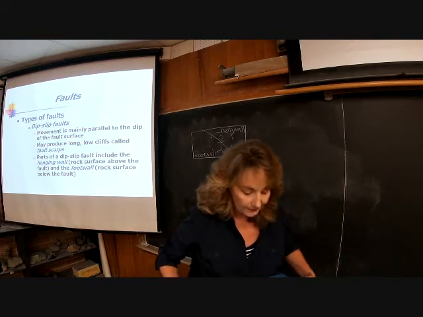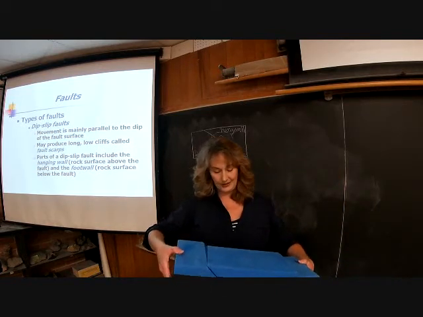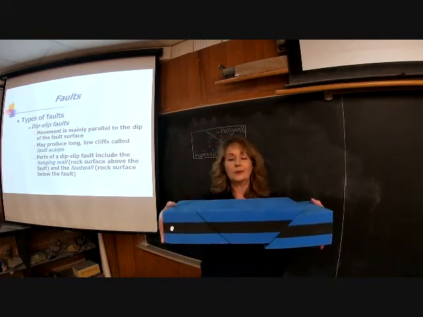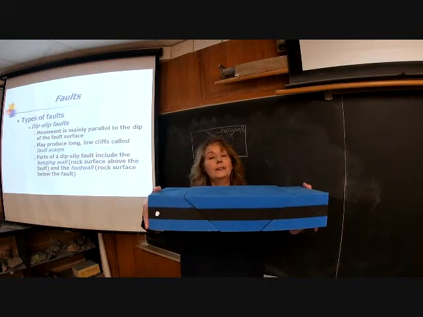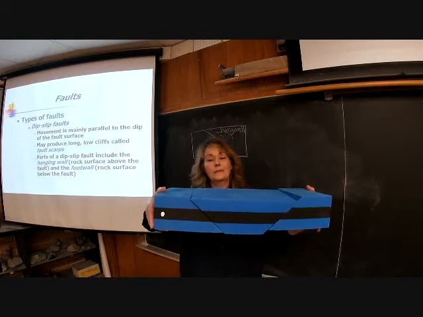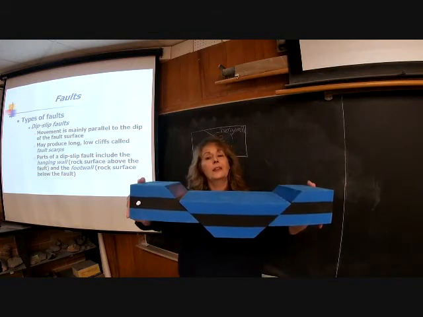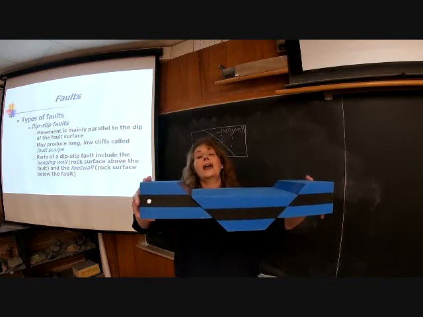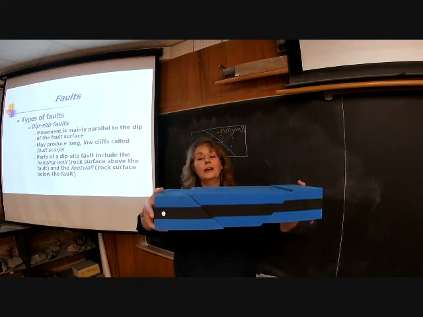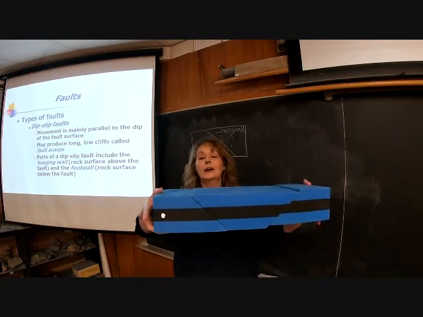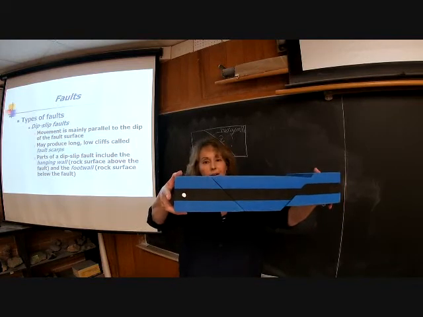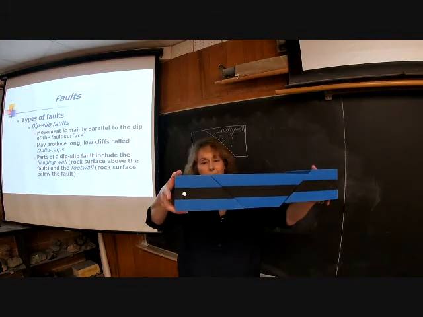Get my fault blocks here. Okay, so here we have some crust, and you can see actually two here. But if I am moving the crust and that hanging wall, you got to envision our little miner across this fault block here, across that fault line, and the hanging wall.